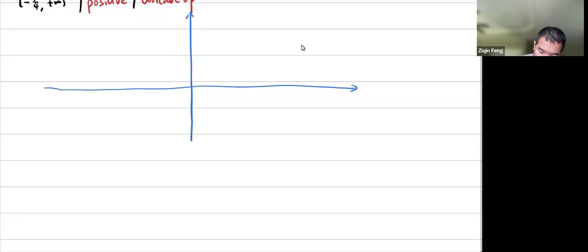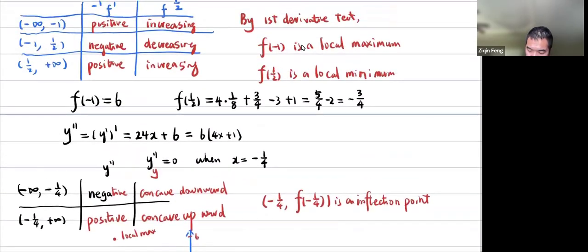You have negative 1, negative 1 over 4, and 1 half. So at negative 1, you get local max. At 1 half, you get local min. Oh wait, it should be here. So this is negative 3 over 4. And this should be 6, right?